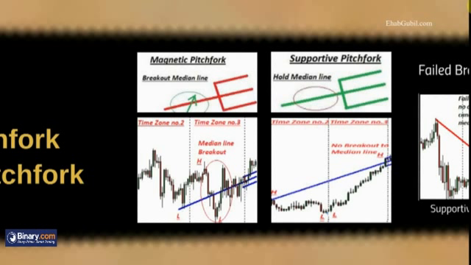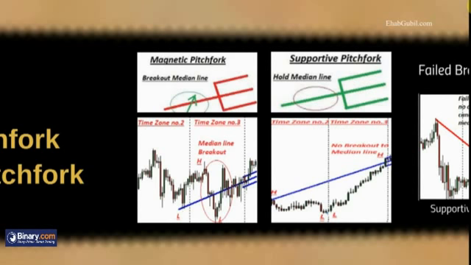What makes the difference between magnetic PF and supportive PF is that the median line of the magnetic PF has a breakout by price action, occurring always in time zone number 3. And vice versa, the supportive PF holds the median line in time zone number 3 and has no breakout by price action.